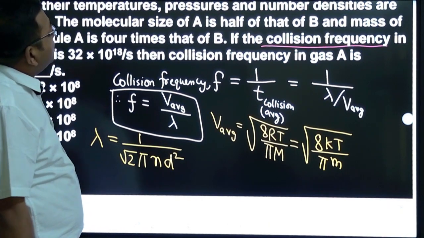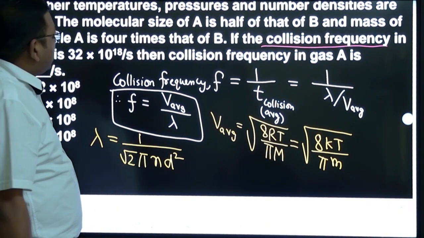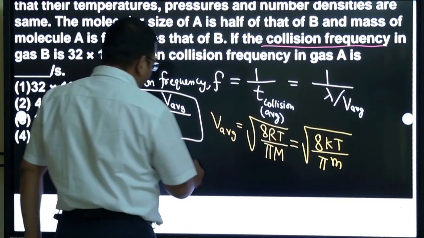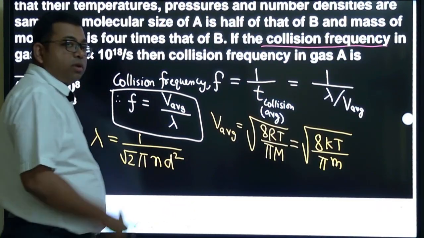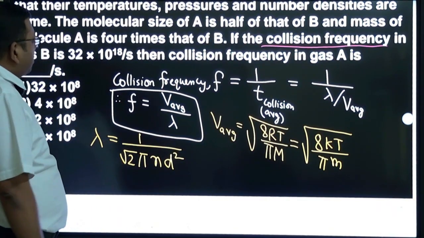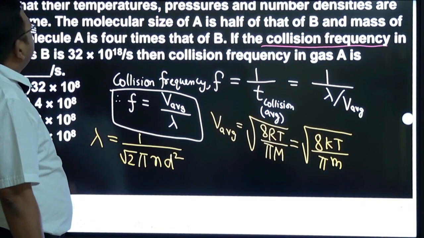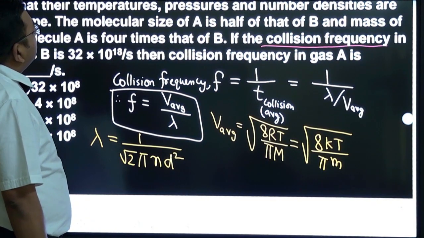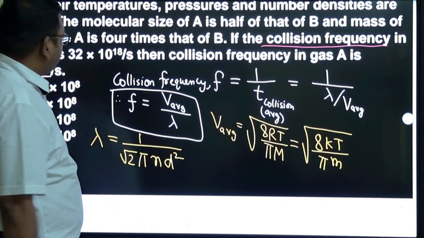That is called number density. So n is already given, you don't have to worry about that, because they are giving the number densities as the same.